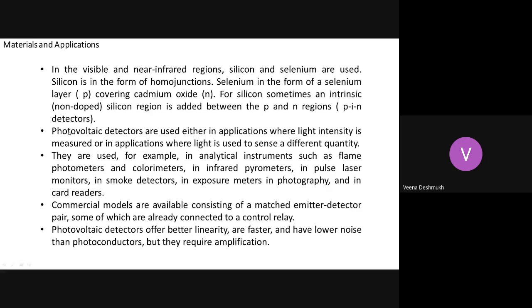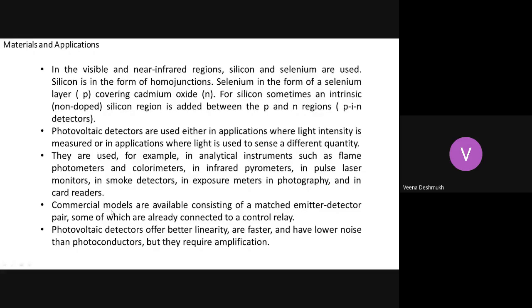So a good number of applications are there for these photovoltaic effect sensors. And all the modern applications, in your mechatronic systems, these are the ones which are very commonly used. So remember all these applications and give one example for each one of them.